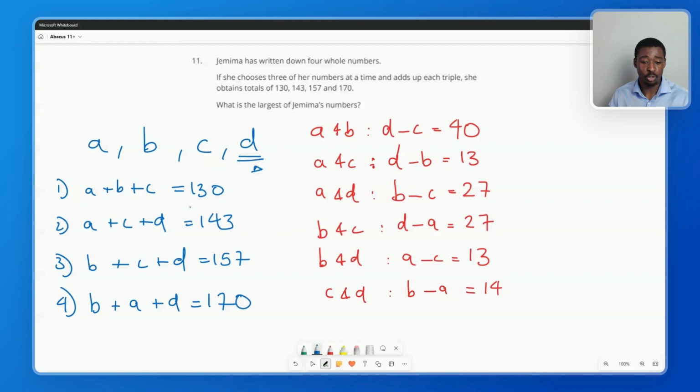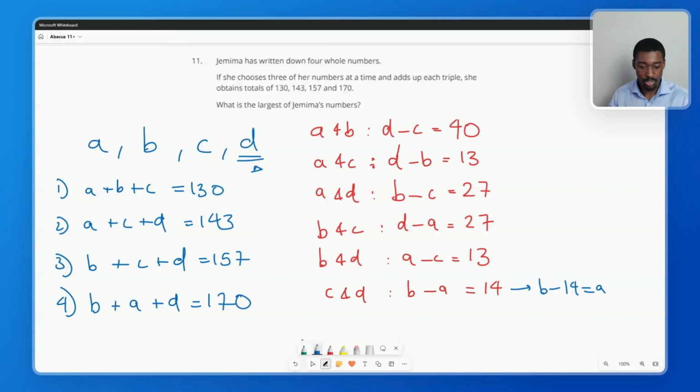Let's substitute out A using this equation here. B minus A equals 14. Well, if we know B minus A is 14, we also know that A equals B minus 14. We bring the A to the right side by adding A to both sides, and we bring the 14 to the left side by subtracting 14 from both sides.